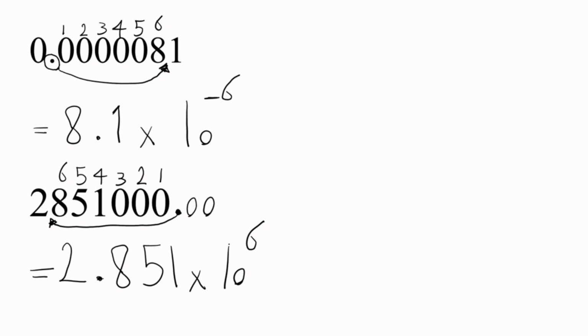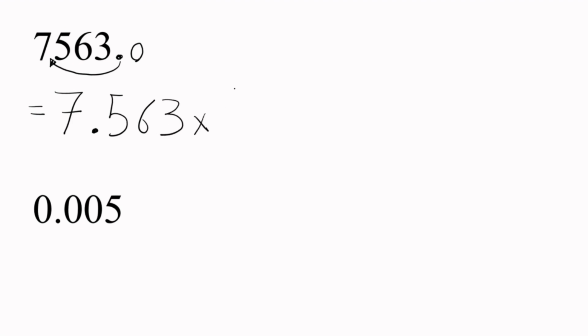Positive 6 or negative 6? When I move the decimal to the left side, it's going to be positive. And there is another easier way. Look, the first number is really large. Okay, so the second number in scientific notation, which must be equal to the first number, must be large too. So the power of 6 must be positive.